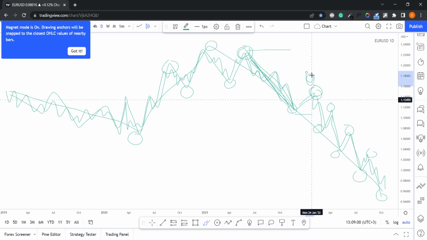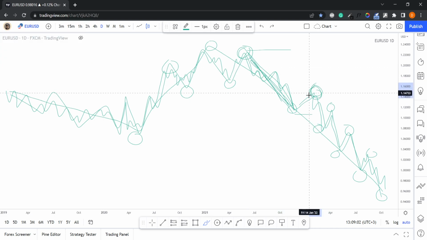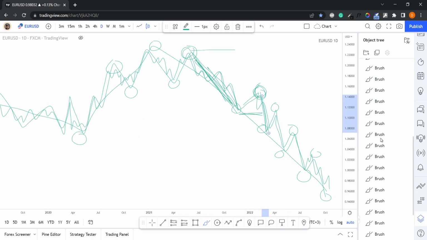It stayed inside and created a new lower high, and then eventually broke its previous price expansion and just created a new bearish leg. Okay, so for this lesson, I guess that's it.